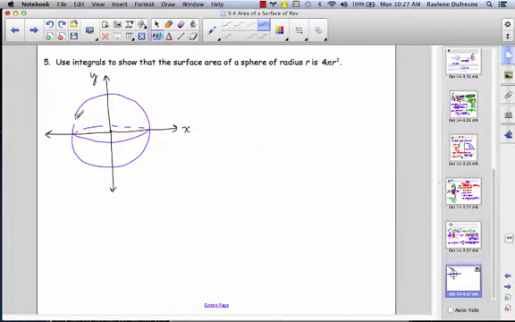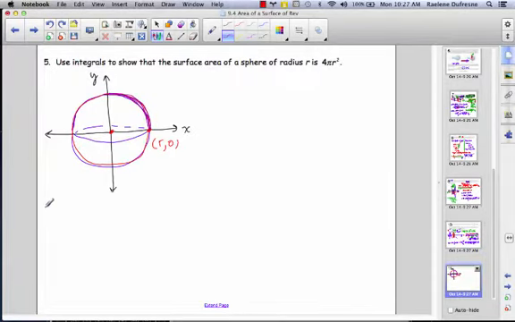And furthermore, if I have it in profile, I have a circle here of center 0, 0 and radius r. And so I have the equation of the sphere in quadrant 1.